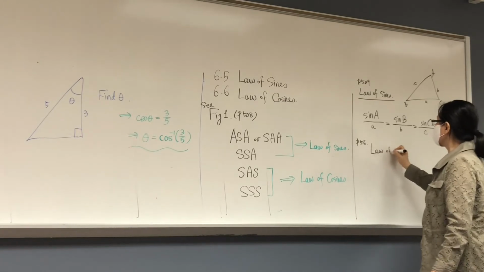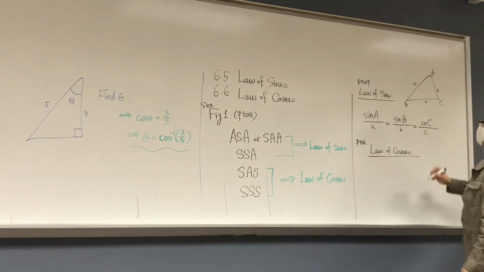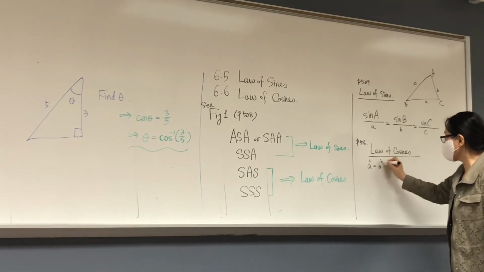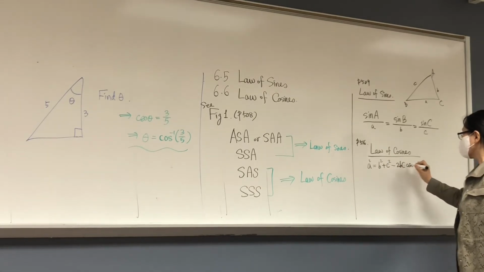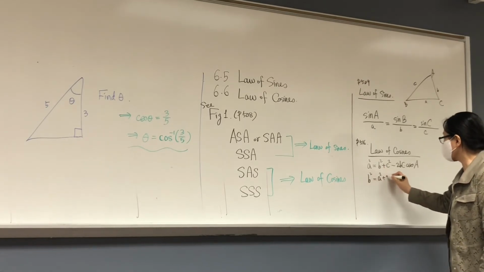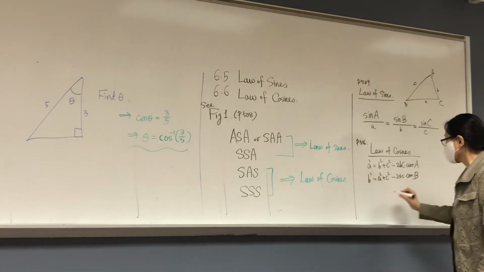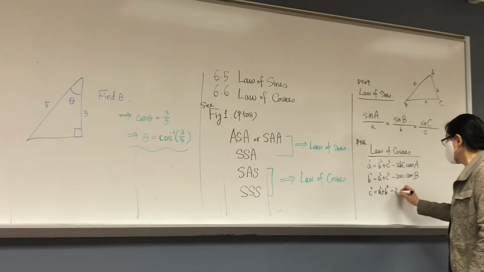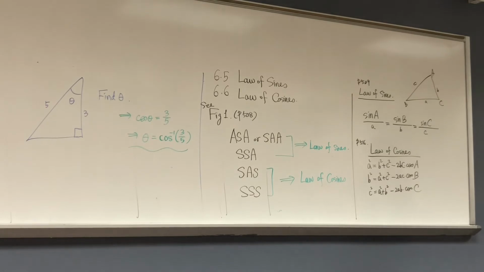Law of cosines: a squared equals b squared plus c squared minus 2bc cosine A. b squared equals a squared plus c squared minus 2ac cosine B. c squared equals a squared plus b squared minus 2ab cosine C. That's the cosine law.